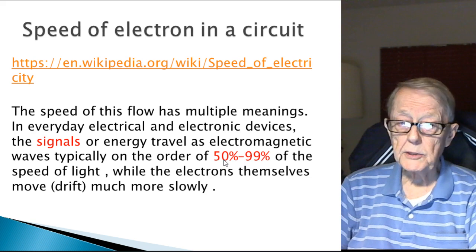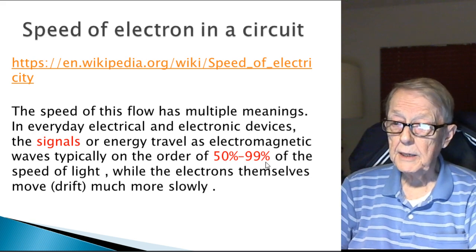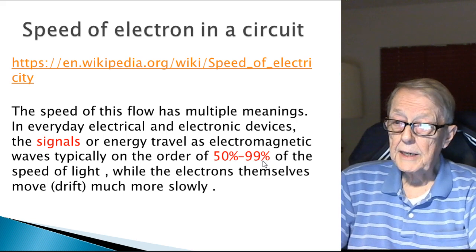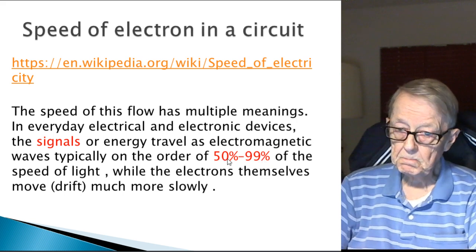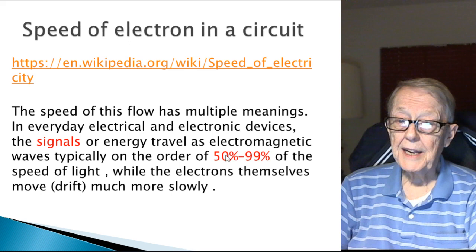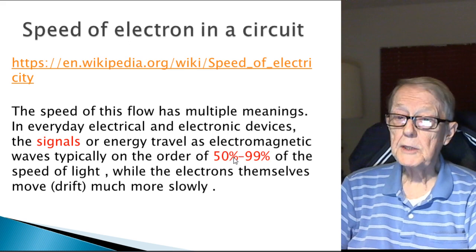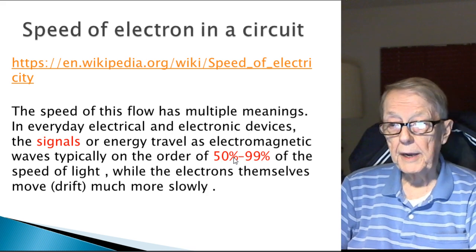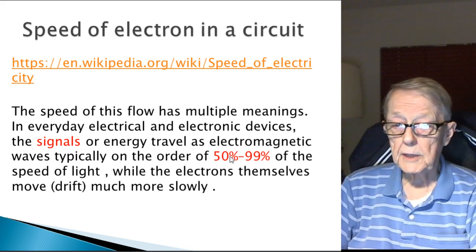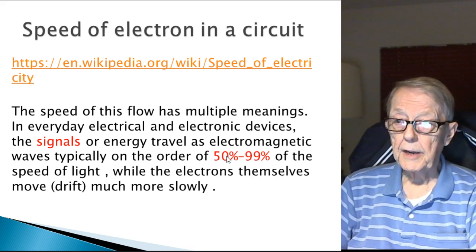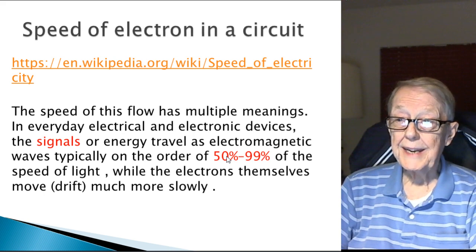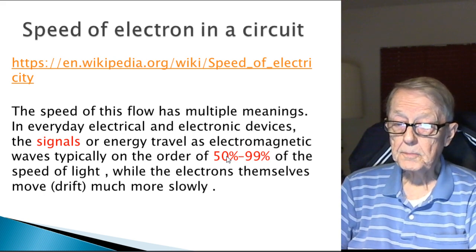Why would the signal propagate at 50% when the speed can be as high as the speed of light? My contention is that this circuit was probably more complex, there were more paths, more turns, and the path it took was not a straight line path.